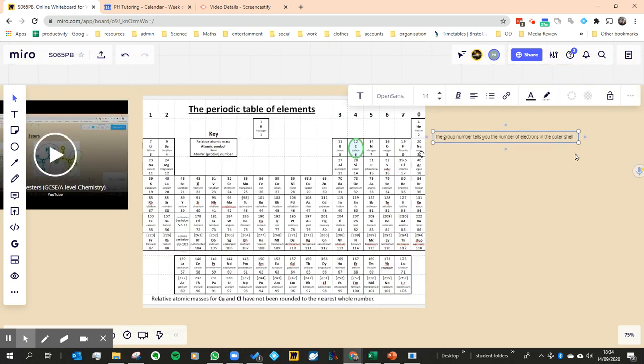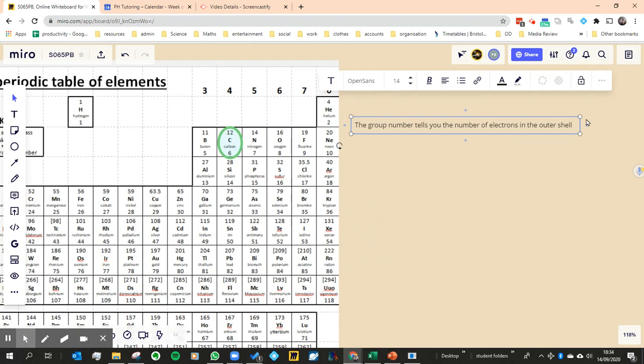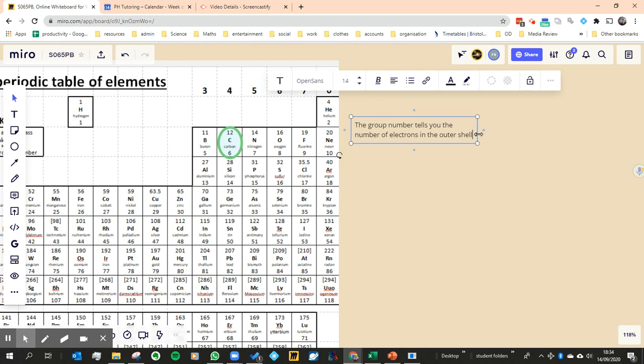I'm not going to talk too much about that in this video, but I will find another video and put that in there as well. The group number is the total number of electrons in the outer shell, so we'll talk about why in a moment. So we have four electrons in the outer shell of carbon.